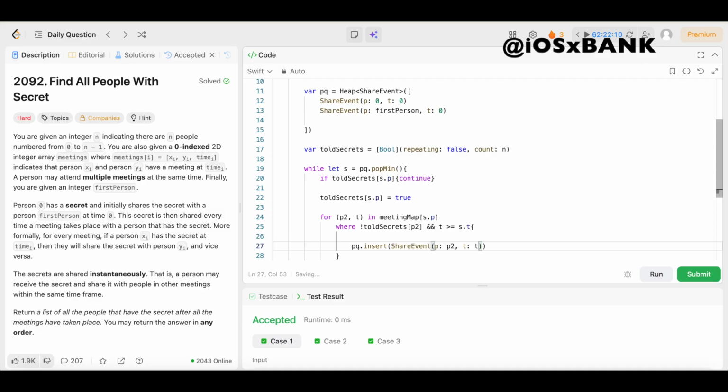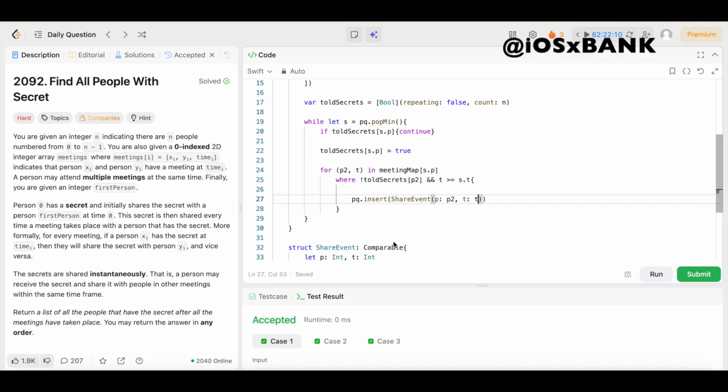Boom. And then we're going to return all people who ended up knowing the secret by coming right here underneath this while loop, and we're going to say return, open up the parentheses, 0 dot dot less than n, come outside of that, dot filter, open up the brackets, toldSecrets, square bracket, $0.